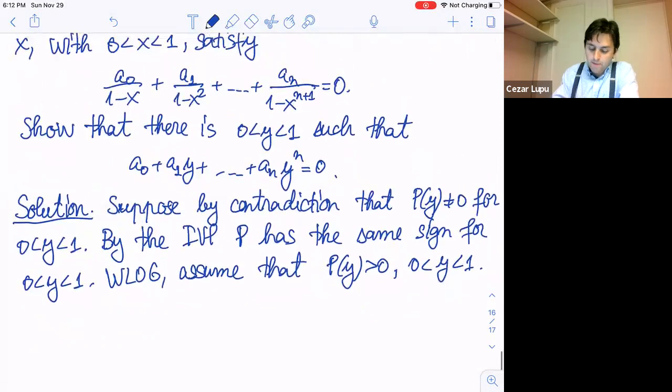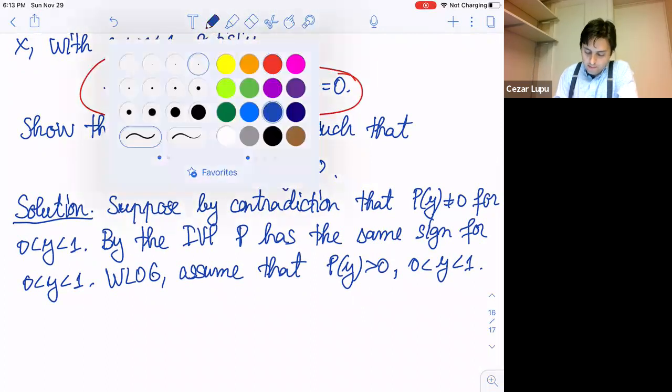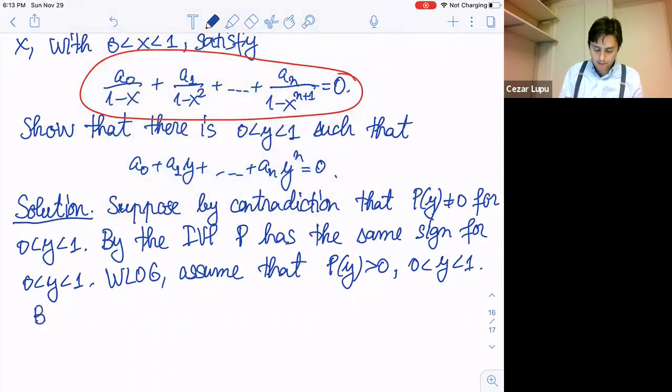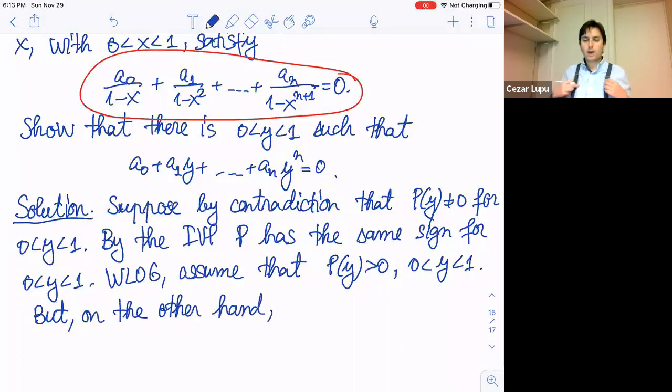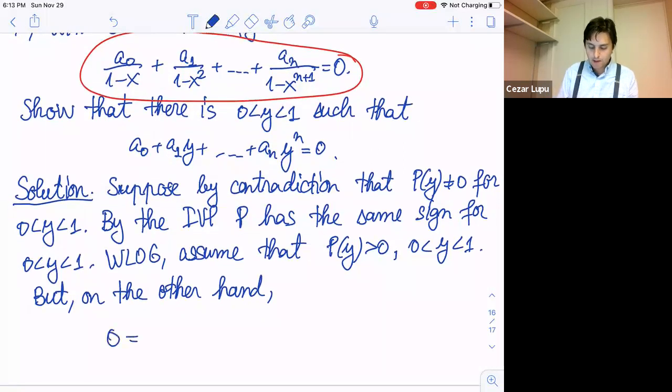But on the other hand, if we explore this condition here, look at it. What do we have? So we have that 0 equals this. And if you notice here, this is just the geometric series.